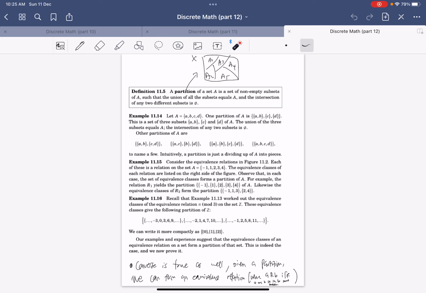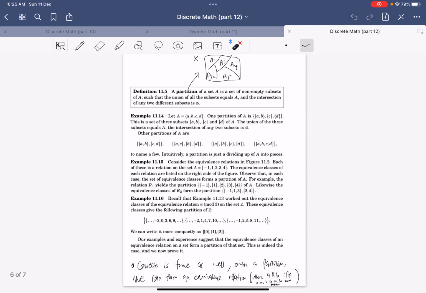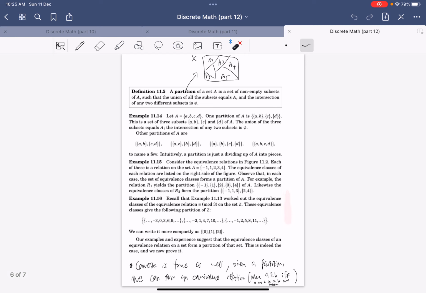But you can then say a partition also gives rise to an equivalence relation. For example, an easy example would be the remainder modulo classes. We'll talk more about this in number theory, but if you just remember that if you divide by 3, the only possible remainders are 0, 1 and 2, and so you can form equivalence classes on them to partition the whole set of integers into just the 0s, 1s and 2s.